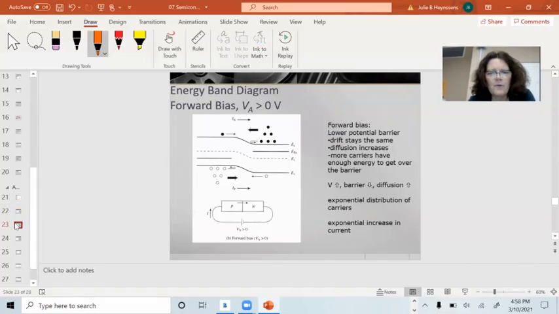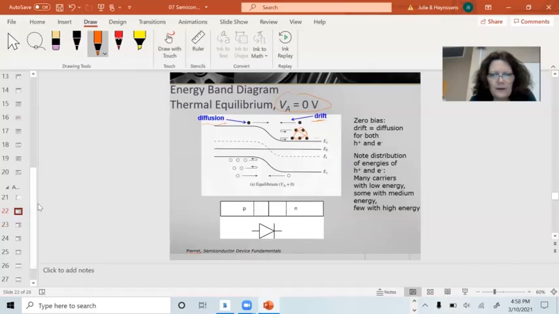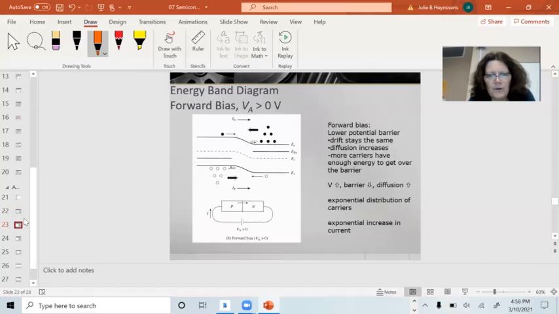If I put a forward bias, this slope is going to get less steep. So in forward bias, I still have the same amount of diffusion current, but the number of electrons that can make it across the barrier has gotten to be much higher, and now my drift current is higher than my diffusion current.